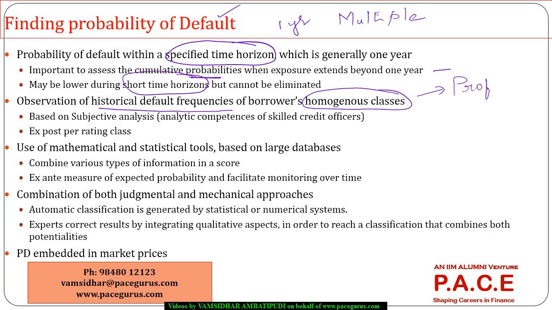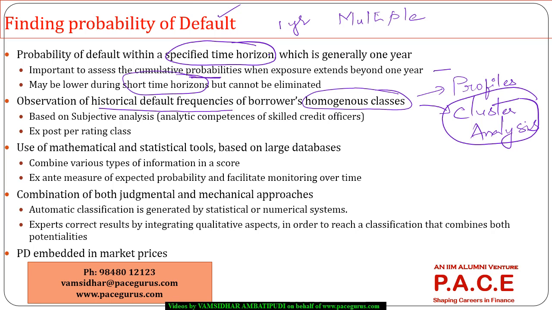So there are different techniques to identify the profiles of the customers and group them. Probably there is something called cluster analysis, which actually groups all the similar data together into different clusters. So these are the homogeneous classes. I'm trying to observe the historical default frequencies of the different borrowers' homogeneous classes.